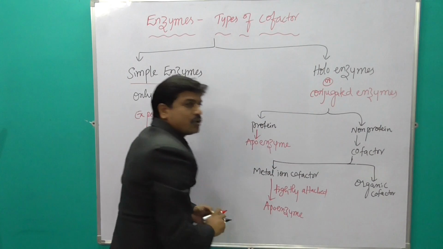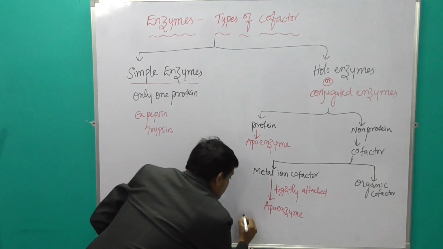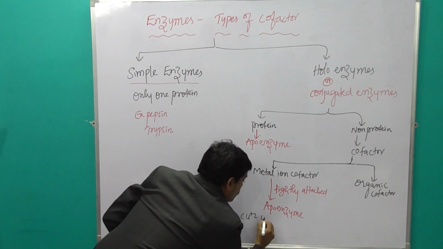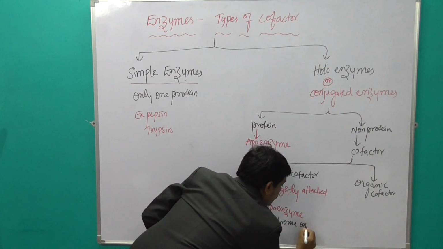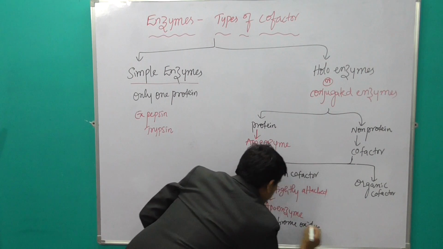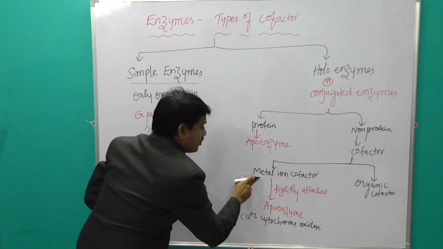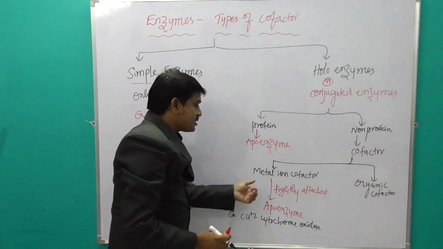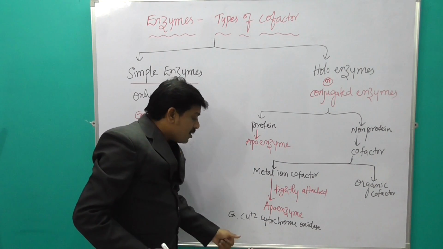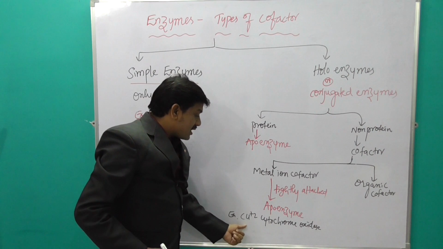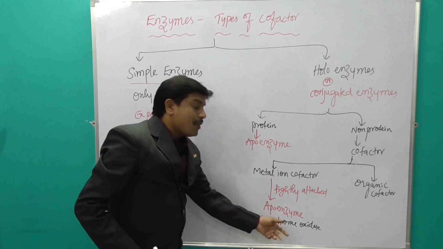The best example is Cu2+ in cytochrome oxidase. This is the best example of a metal ion cofactor. Very simple: metal ion cofactors are tightly attached with the apoenzyme, like Cu2+ in cytochrome oxidase.